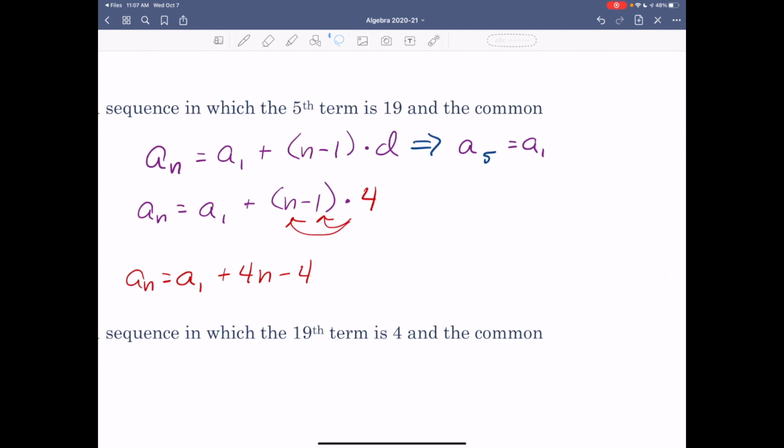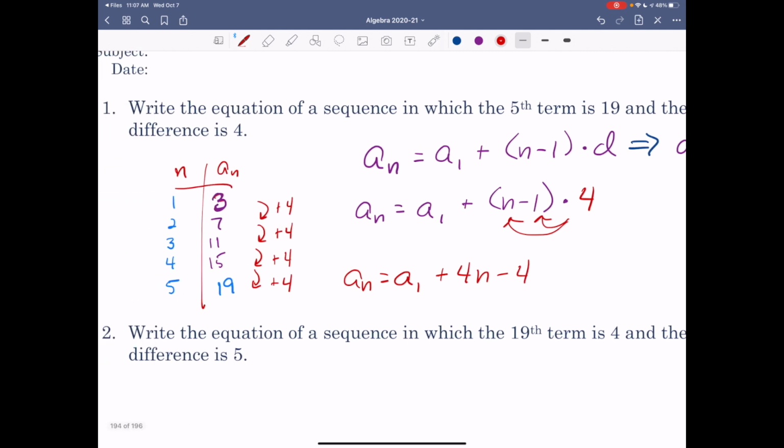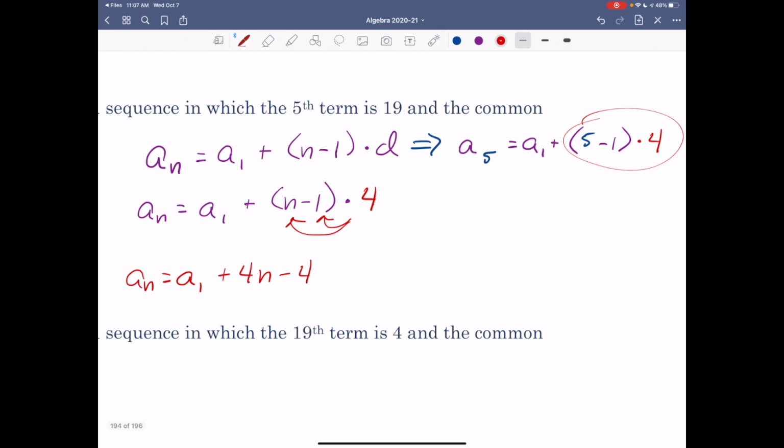So the fifth term is going to be the first term plus the step number minus 1. Well, what's the step number right now? 5, right? Times the common difference, which of course we said was what? 4. Well, notice we talked about 16 when we did this one over here, right? That's where the 16 is coming from. 5 minus 1 is 4 times 4 is? 16.